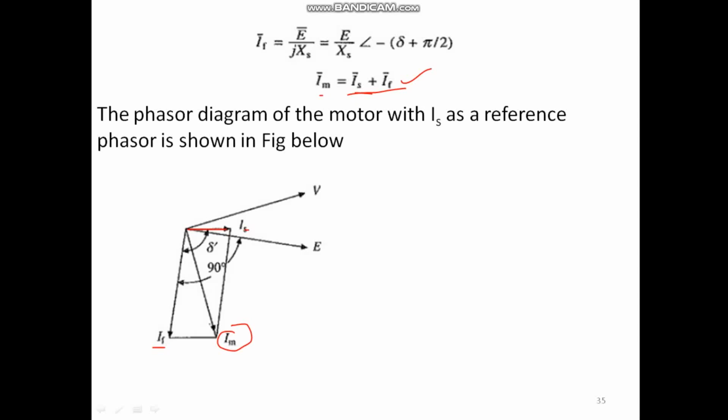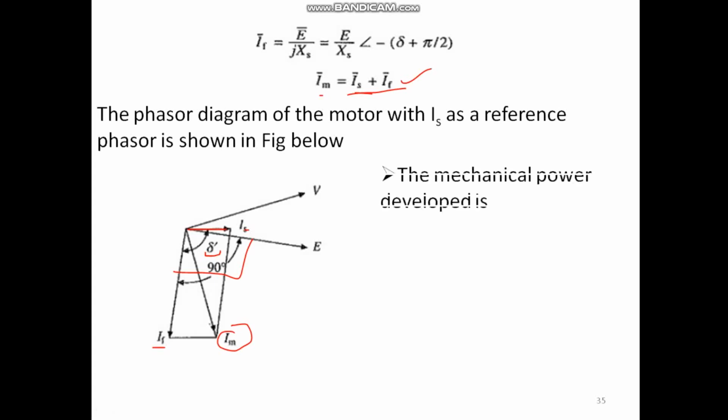So now, this is my voltage E. This is exactly 90 degrees because I have an inductor there. The angle between Is and If, I have taken as delta dash.